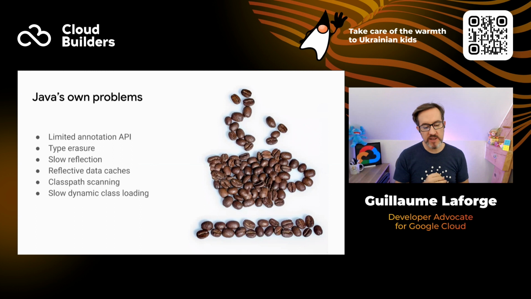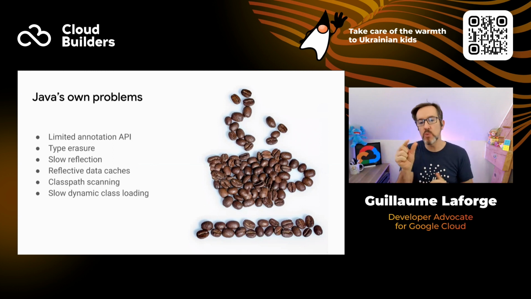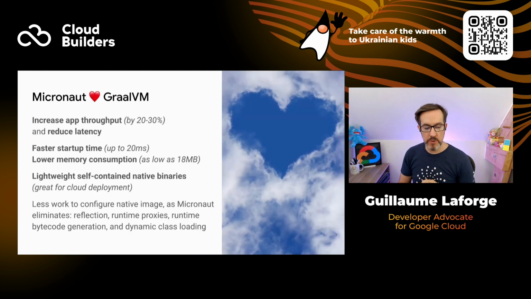I mentioned the reflective data caches, which are big, even if you don't need everything. You may just need one method and not the whole information about the structure of the class, methods, etc. Another thing that simplifies the developer experience is classpath scanning to find all the components that make the application, but it can be slow, and in some environments even slower, and slow dynamic class loading. So if you add all those problems, usually it makes startup time slow and consumes memory.